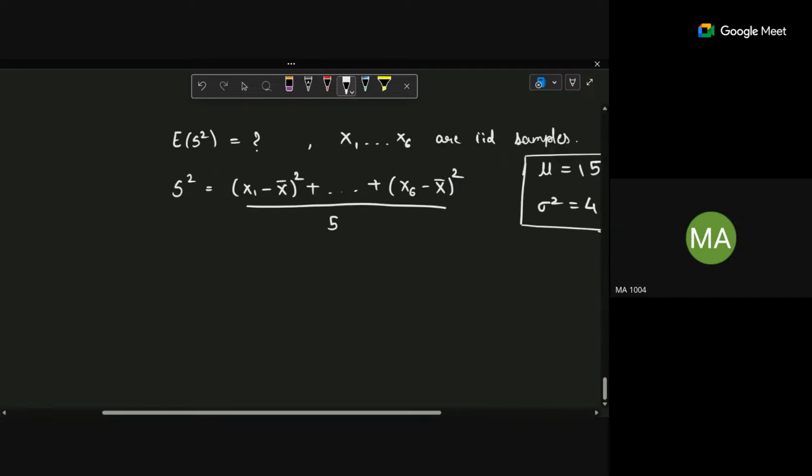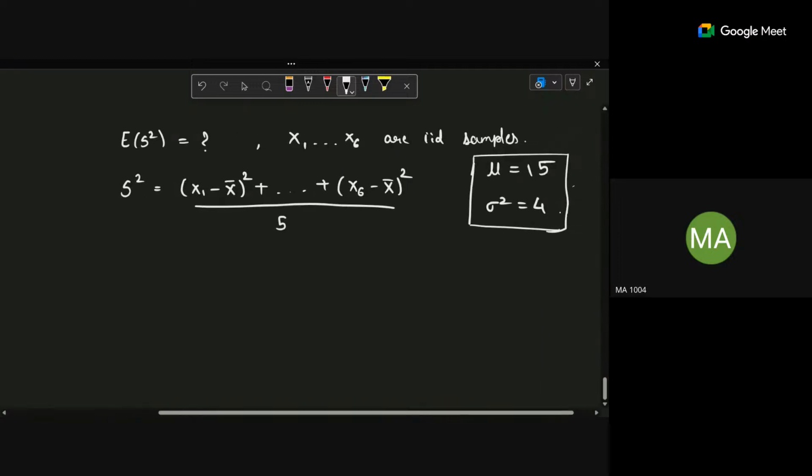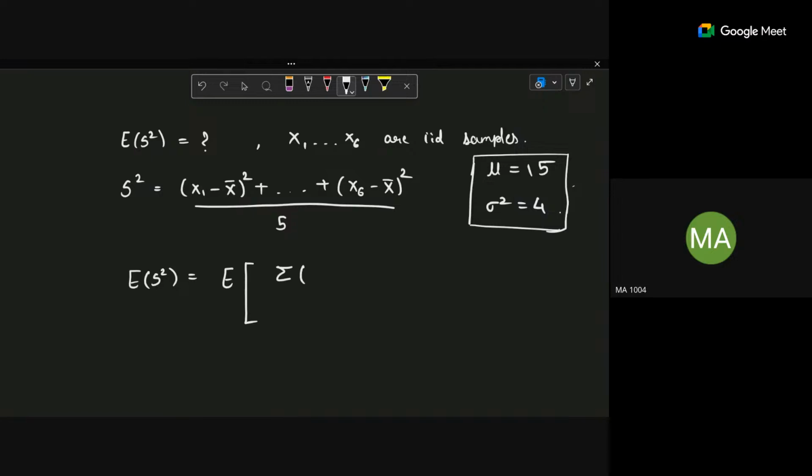So let's come back to this question. Expectation of S square. When it comes to expectation, it's very easy because the expectation splits over addition, right? So expectation of S square is 1 by 5, we can common out, the summation of xi minus x bar the whole square, i from 1 to 6.